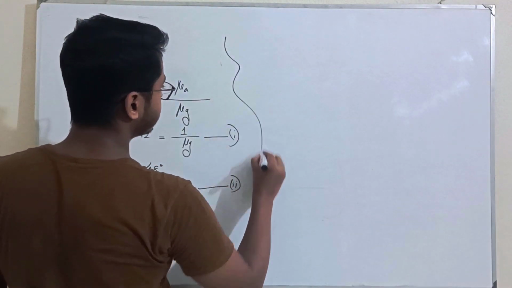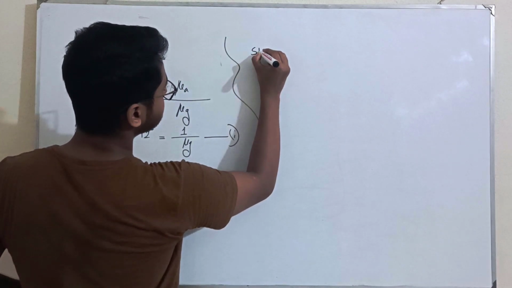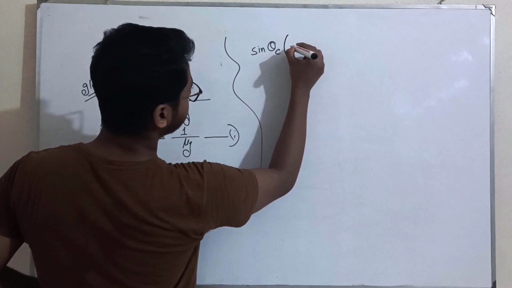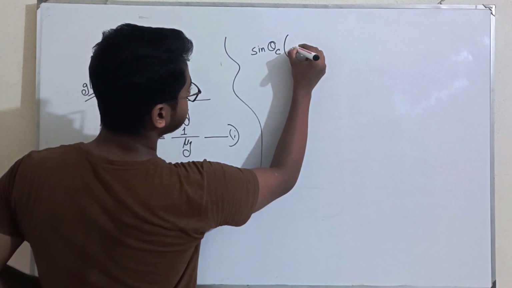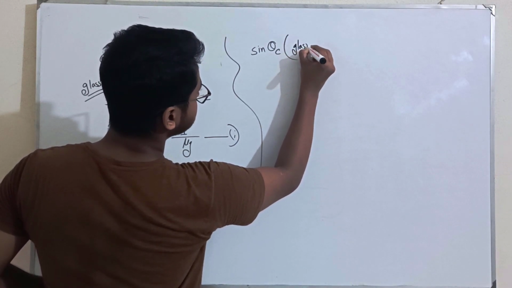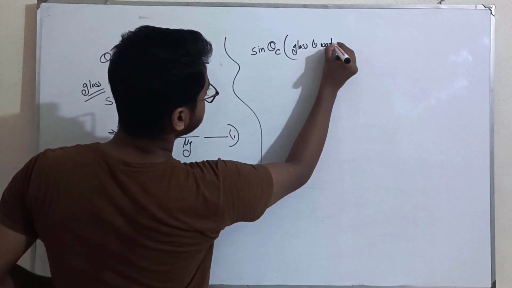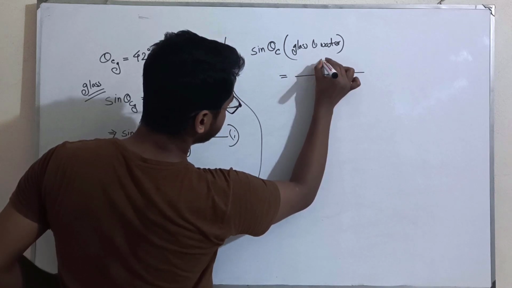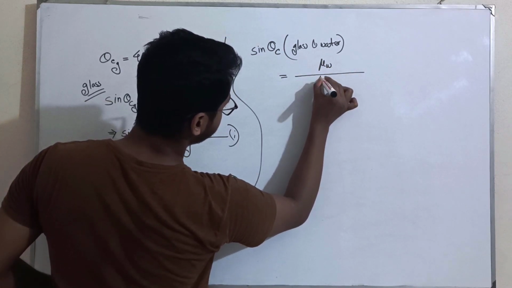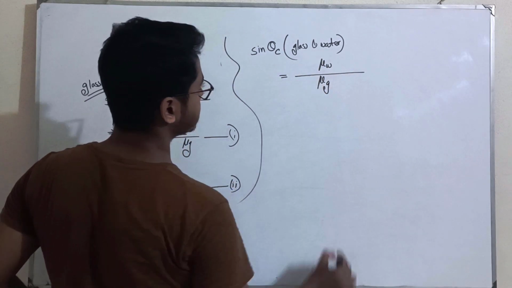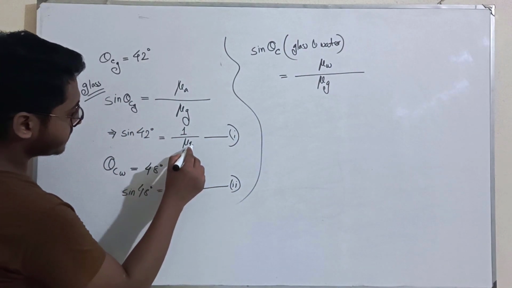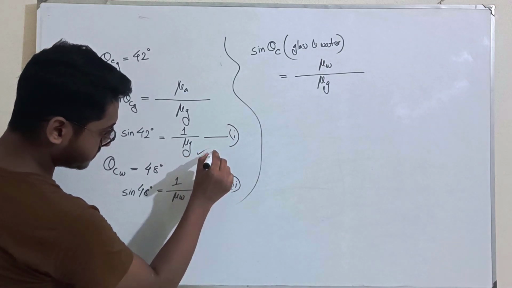So sin theta c for glass and water is equal to the refractive index of water medium by the refractive index of glass medium.